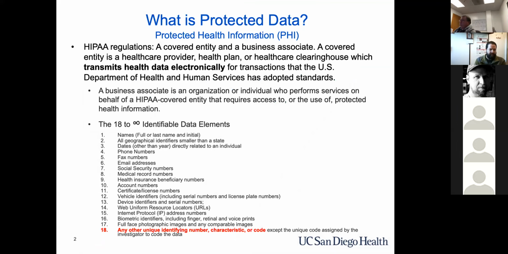I know we covered this a little bit last time. PHI, what is PHI? The 18 identifiable data elements. The one that I like to point out to everybody is that 18th one, any unique identifying number, characteristic, or code. So anytime we get in a discussion around genomics, it's a pretty easily decided case that it's a unique identifying code or characteristic, but that's usually up for debate with the genomics folks.